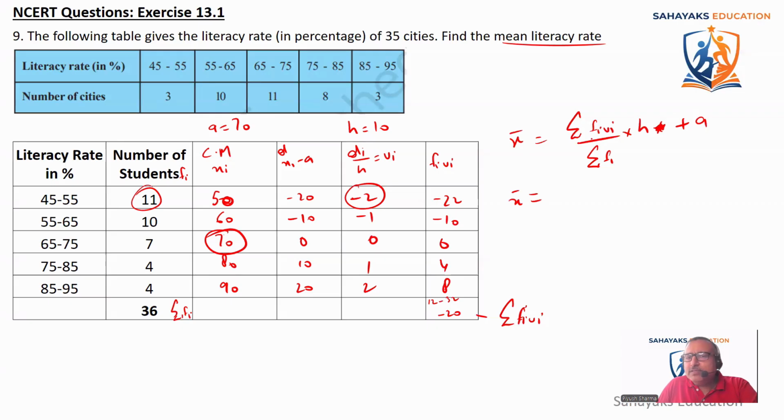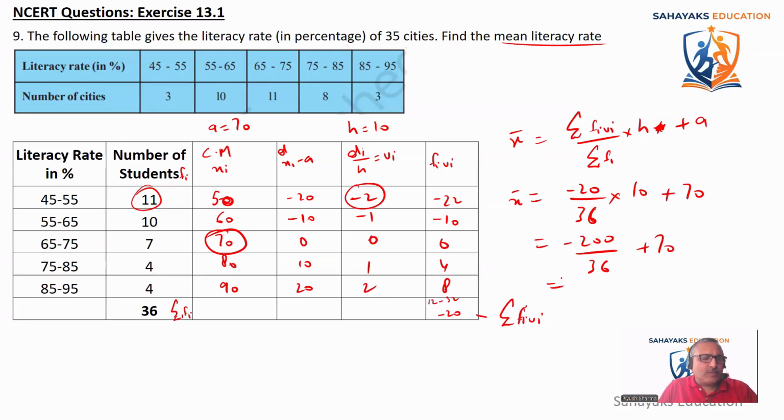Let's put the values. So sigma Fi ui comes out to be minus 20 divided by sigma Fi, which is 36, multiplied by h. H is the value we have considered as 10, plus a, which we considered as 70. So it becomes minus 200 divided by 36 plus 70.